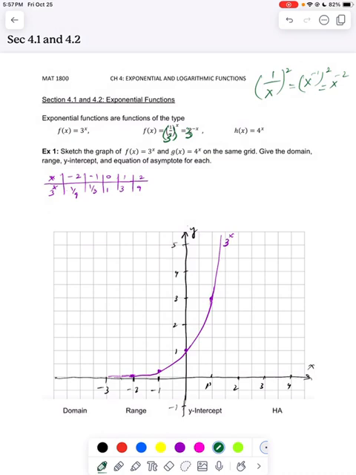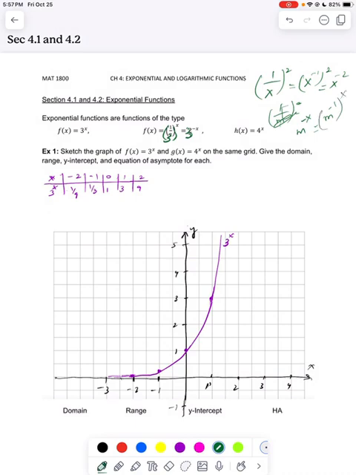Same thing, if you have m to the negative x, it can be written as m to the negative 1 whole to the x.